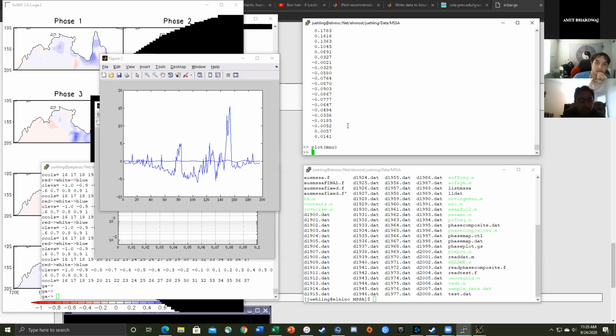You want me to standardize? Just MN minus mean of MNC divided by standard deviation of MNC. You can define another variable, MN's standard.